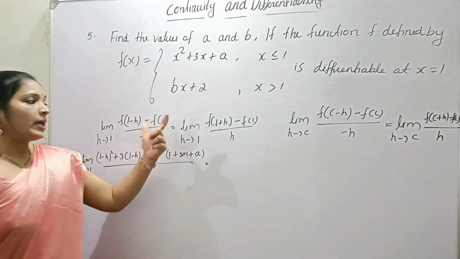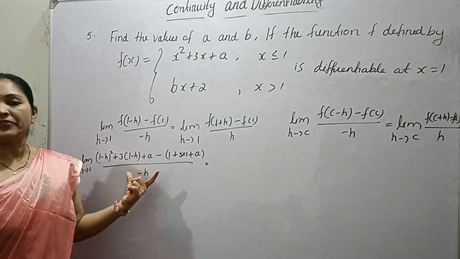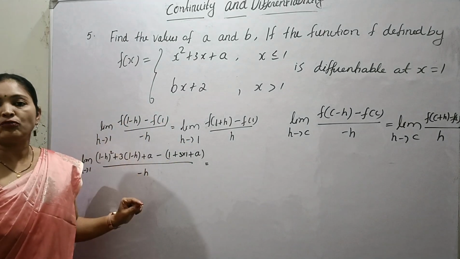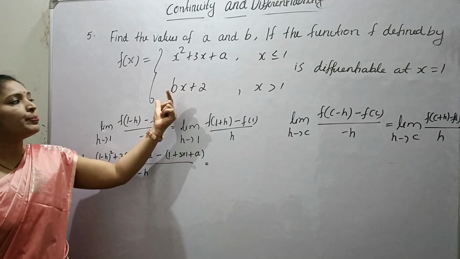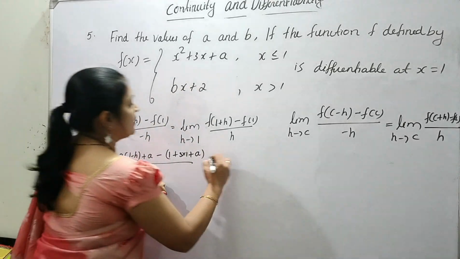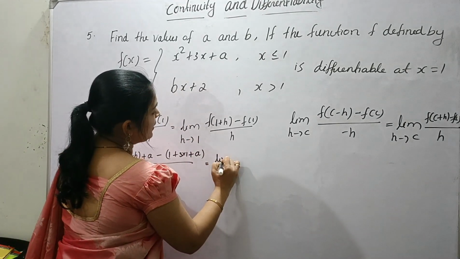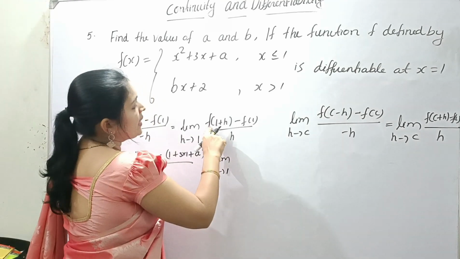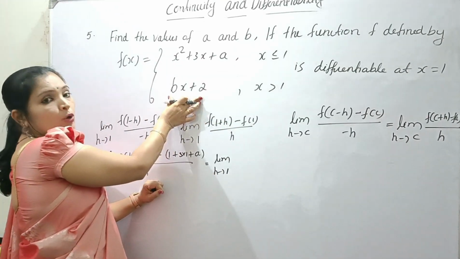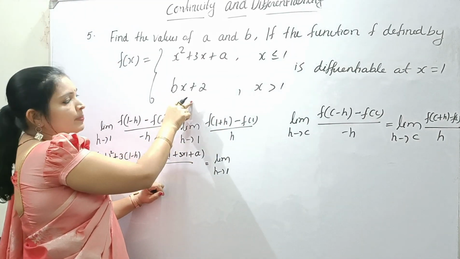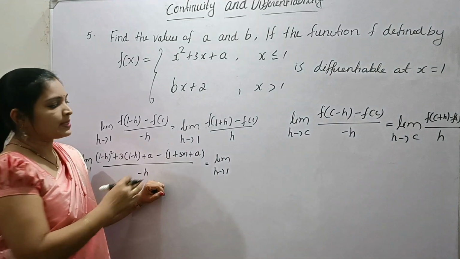That is equal to, here it is the right hand derivative and here x is greater than 1. So we have the function bx plus 2. Okay. So here substitute limit h tends to 0, f of 1 plus h, f of x is equal to bx plus 2. So f of 1 plus h, substitute x is equal to 1 plus h.